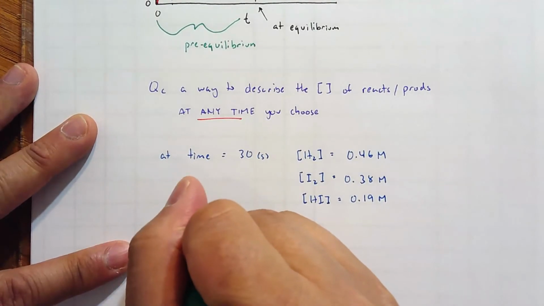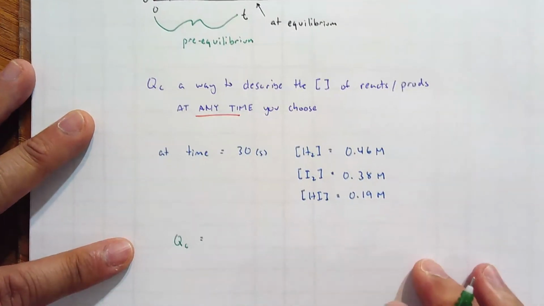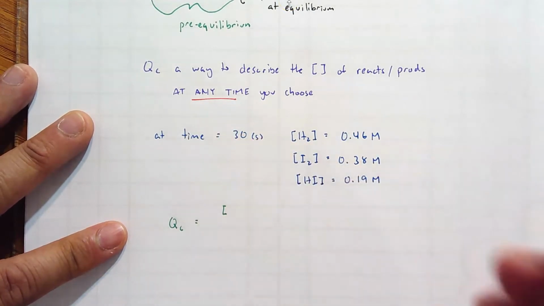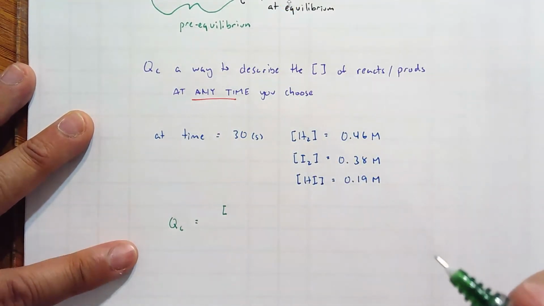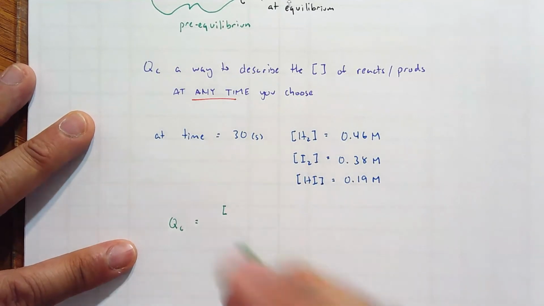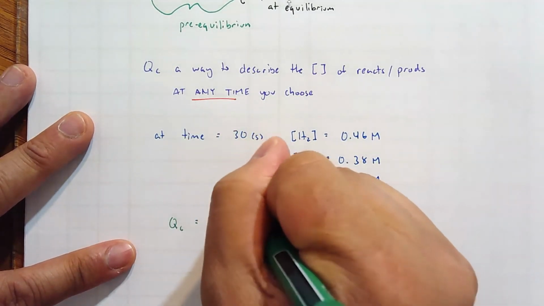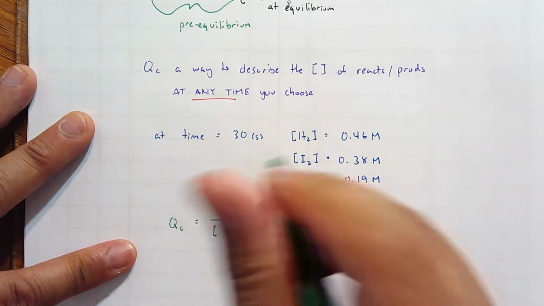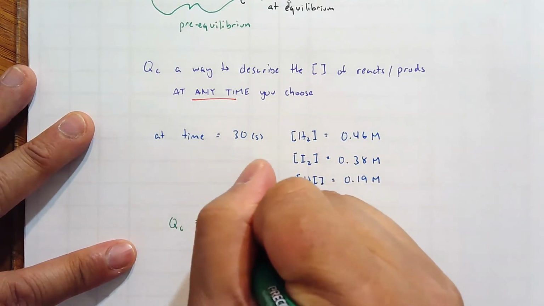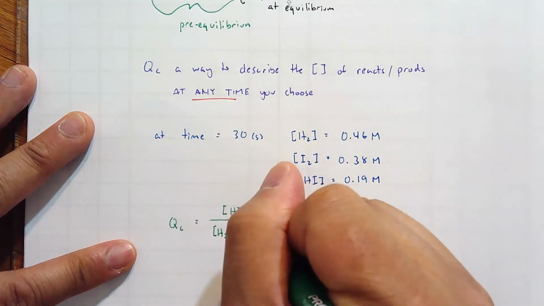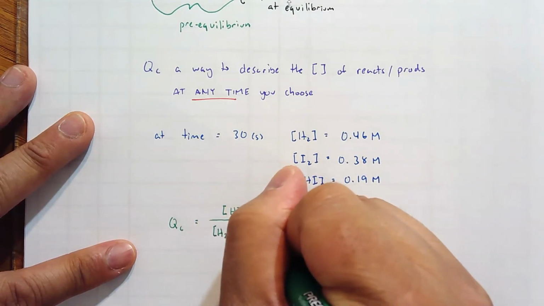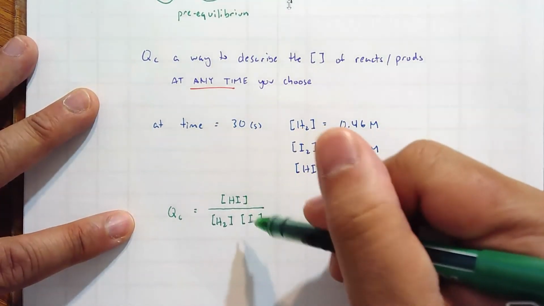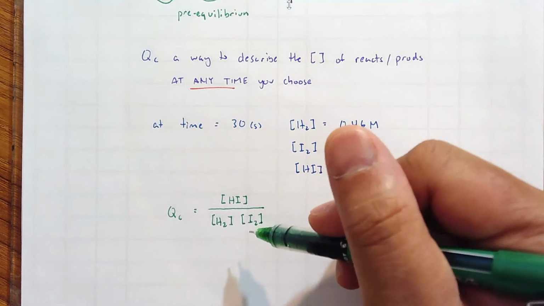Okay. What is Q? Q, or QC, equals the concentration of the products over the concentration of the reactants. So the products are HI. There's only one product actually. And then we have the two reactants, H2 and I2. And again, this will change depending on what time point you're looking at.